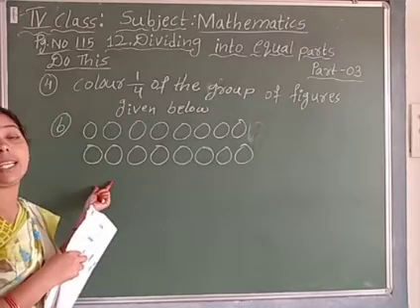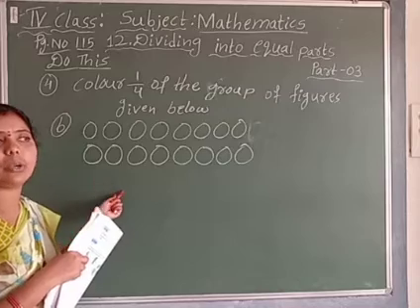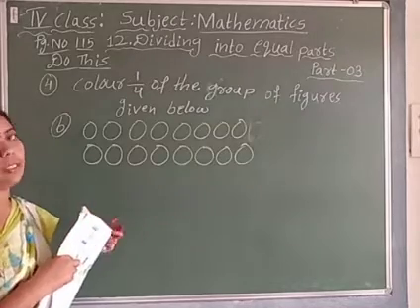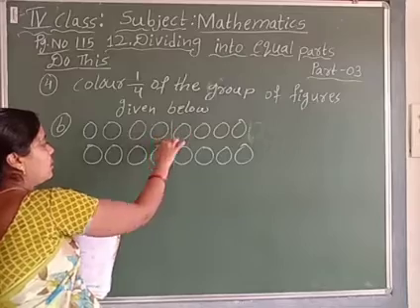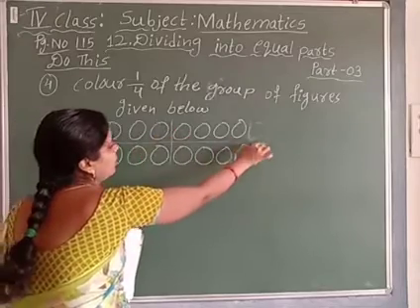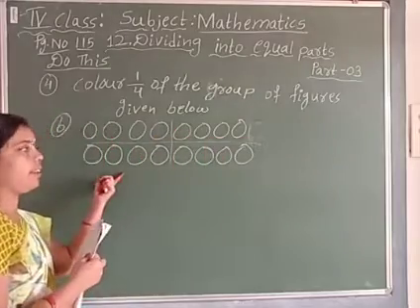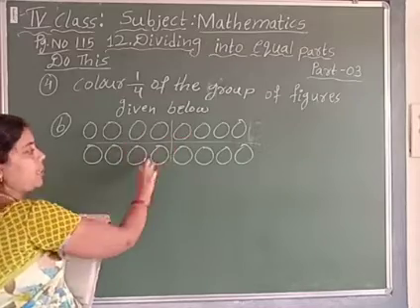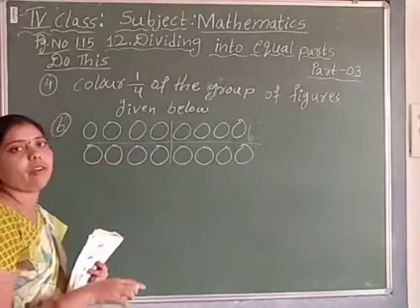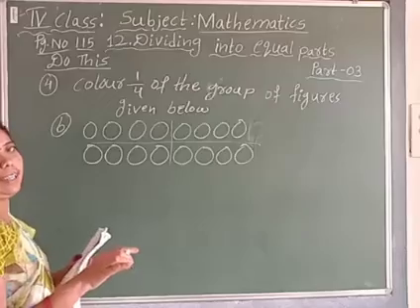Yes, 16 circles. So in that, first divide into 4 parts. See, 4 only we are dividing now. 4 parts. 1 part, 2 part, 3 part, 4 part. So in that 4 parts, 1 part only will shade.